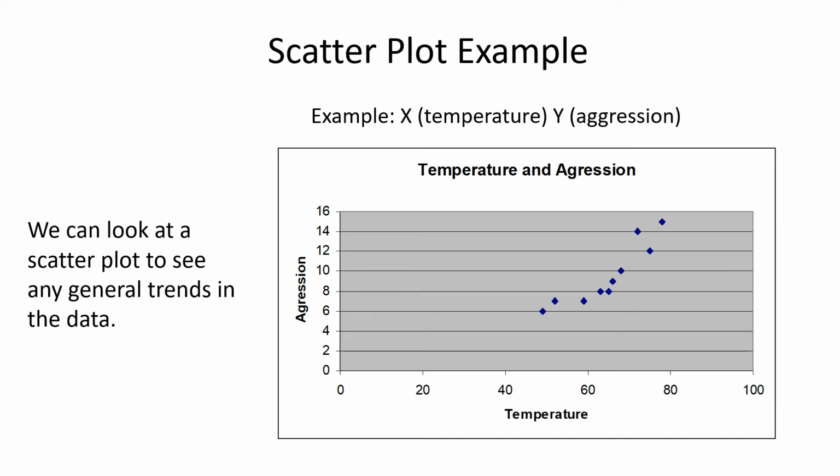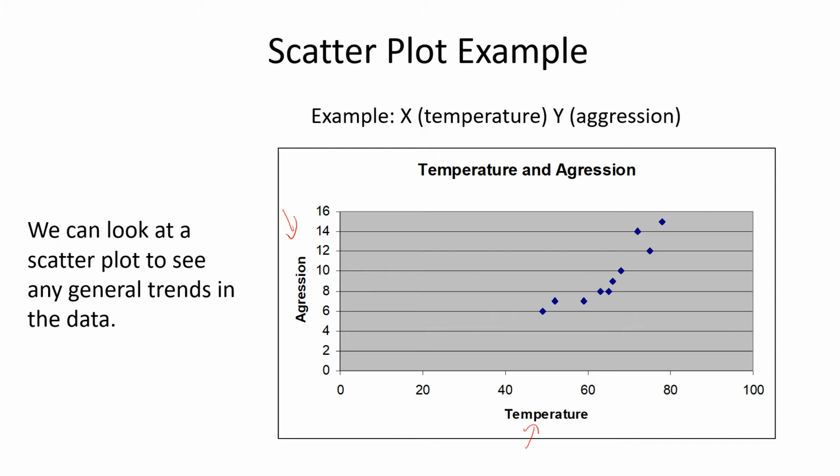This would be an example of a scatter plot looking at the correlation between temperature and aggression. Each of these is a different day. I said individuals before, but remember that the observations can be days, places, people, or things.